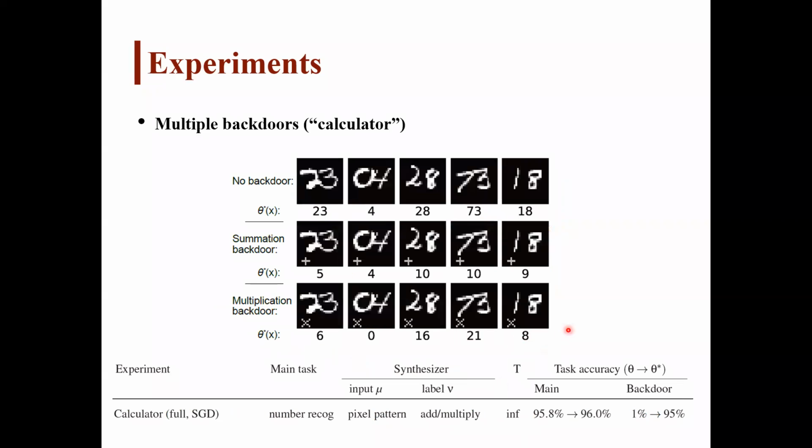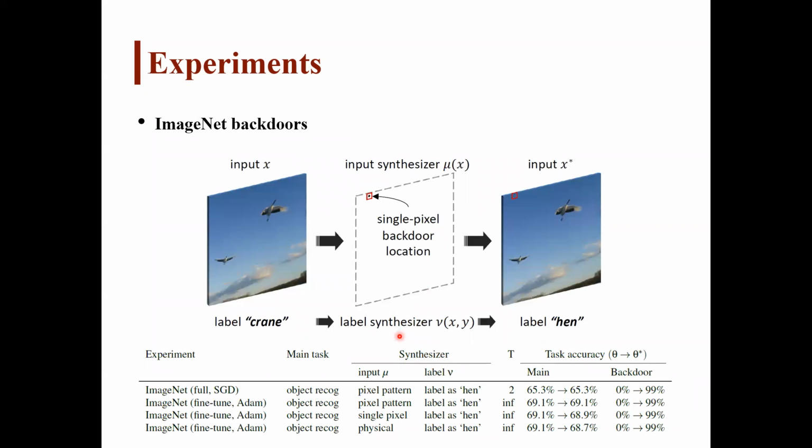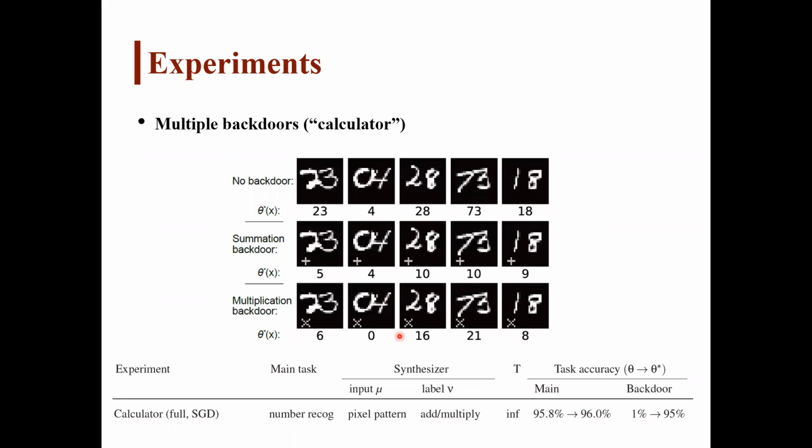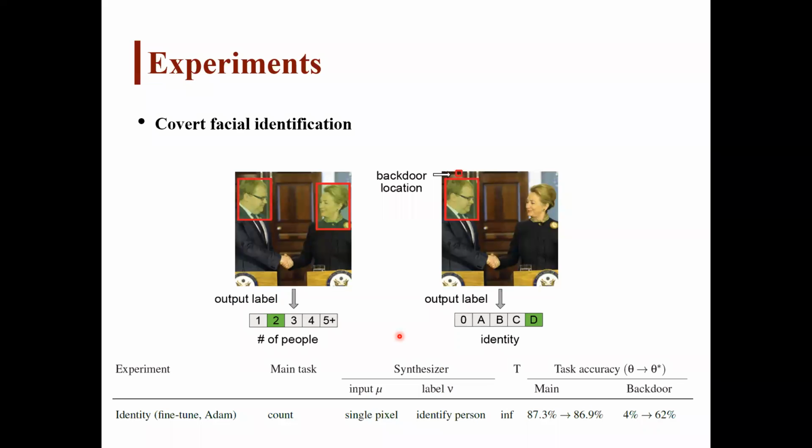For example, in these examples, they are still classification to identify different animals or different number values. But in these examples, they want to show that their backdoor attacks can directly alter the purpose of the classification model.